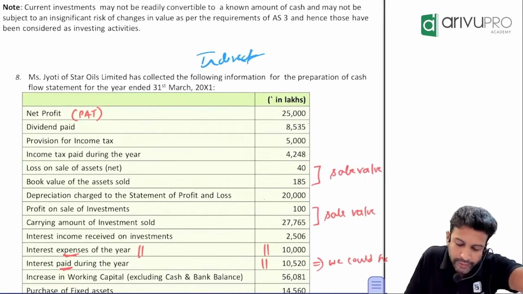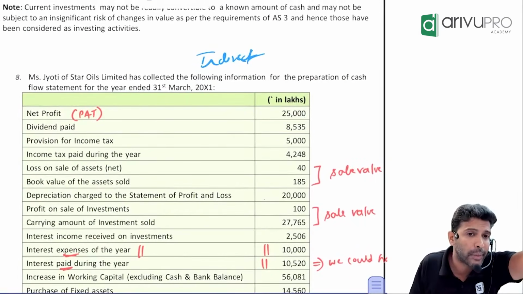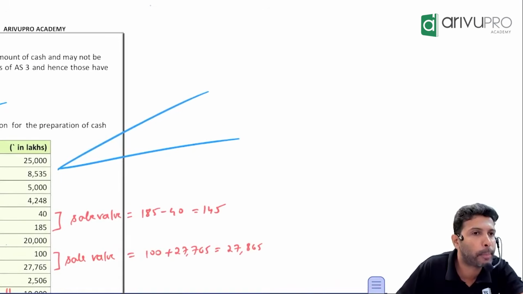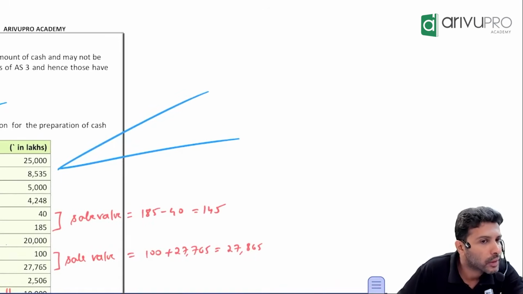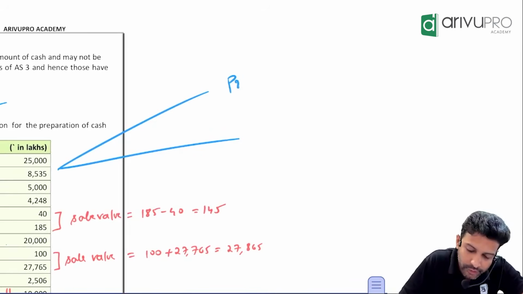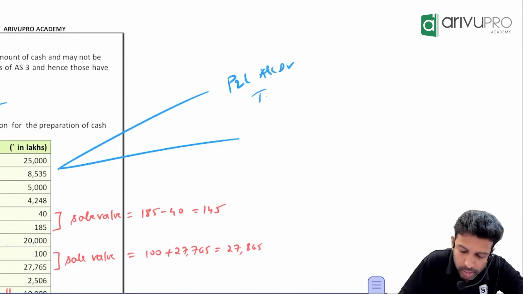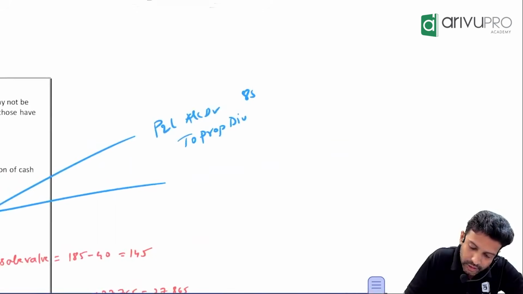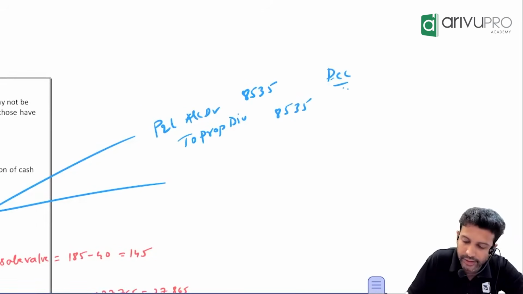Dividend paid. One minute, hang on. Sir, before you pay the dividend, you will declare the dividend. What is the journal entry for dividend declared? P&L account debit to proposed dividend or dividend payable. How much have you paid here? 8,535. This is the journal entry for dividend declared.